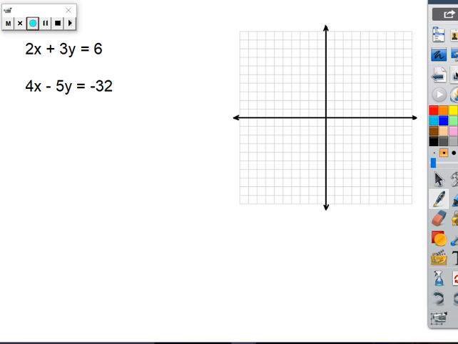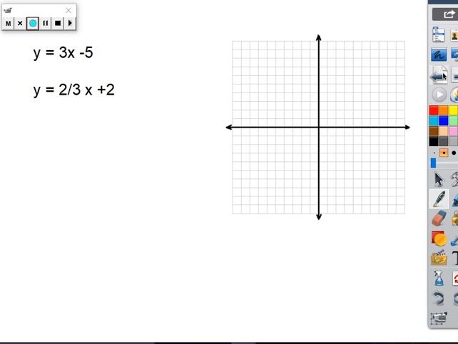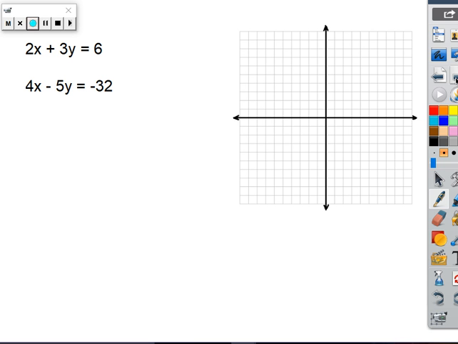Instead of equals, y equals a number. Right, okay? And I like to restate it and say, these are not solved for y, these are. If you remember your unit on graphing linear equations, to be able to graph them, they had to be y equals, right? So if I give you a system that's not y equals, how are you going to graph it?